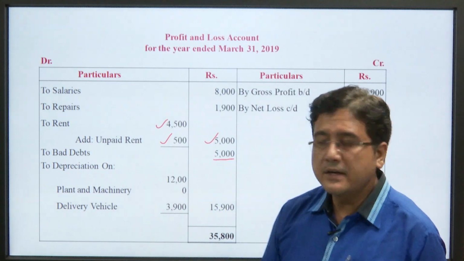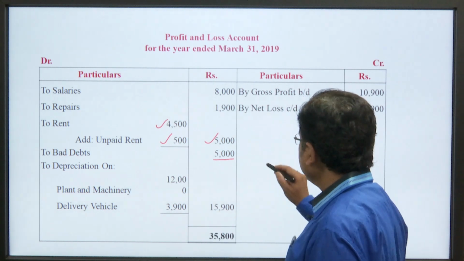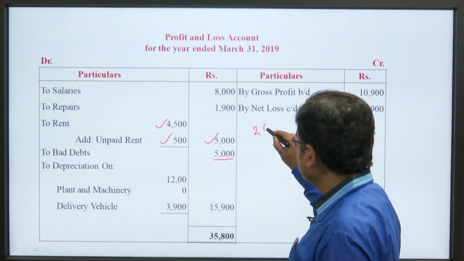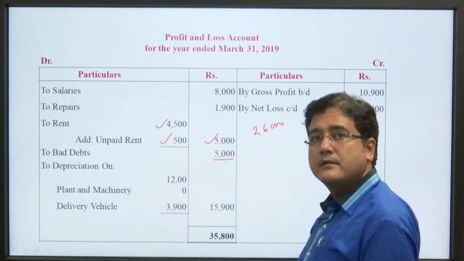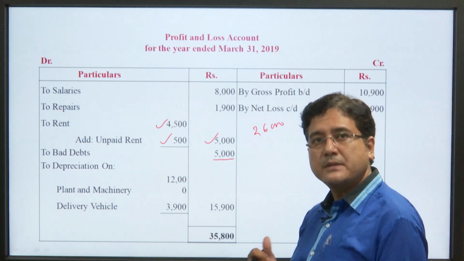So, now calculate: delivery vehicle cost 26,000 and the rate of depreciation is 15%.